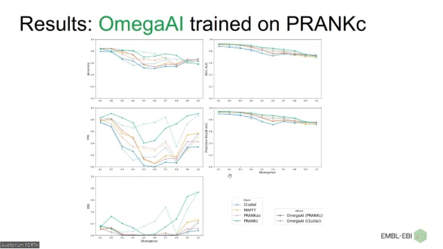And the results, I mean, it doesn't do much better or much worse. I mean, there's some cases for PRANK alignments where it does a little bit better, but in the middle divergences, it performs worse for the other aligners.